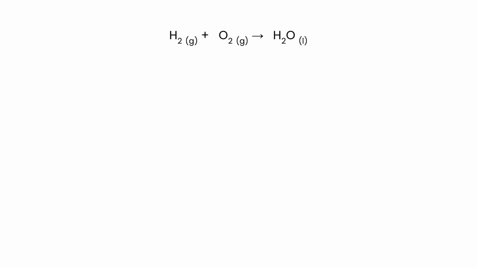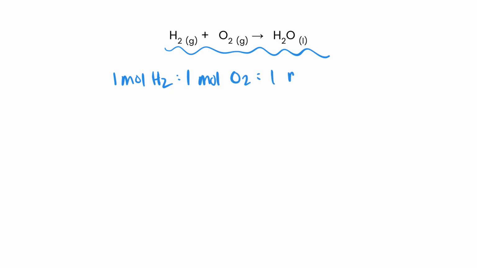So looking at our equation here, this is not balanced. If we were to use the mole ratio of 1 mole of hydrogen to 1 mole of oxygen to 1 mole of water, this would be incorrect because the equation is not balanced.